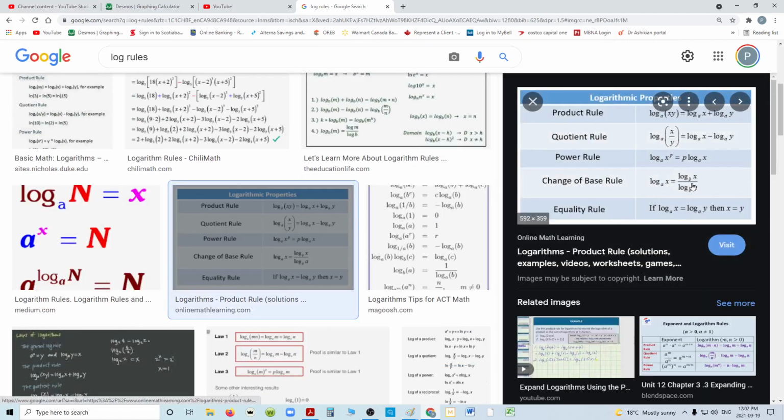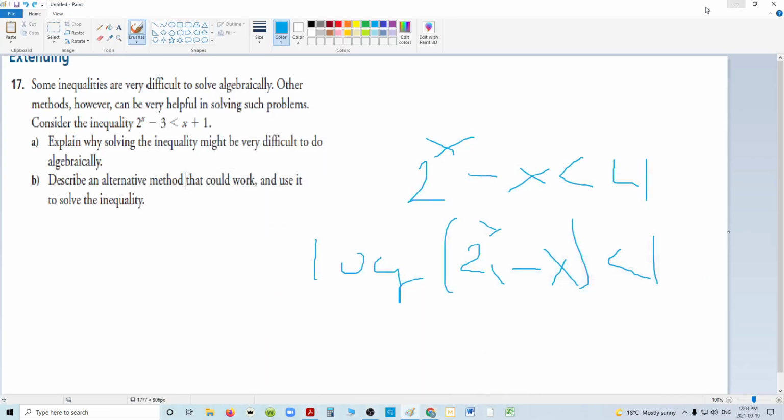The key one is going to be, yeah, even then, it's not very clear. It'd be very hard to solve algebraically.